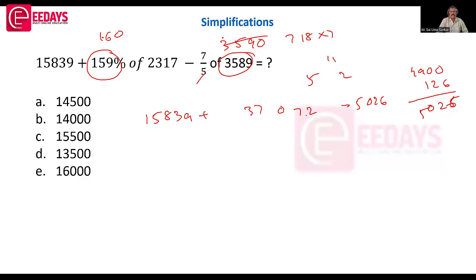9 plus 2, 11, 11 minus 6, that is equal to 5. Okay, 3 plus 7, 10, 10 minus 2, that is equal to 8. 8 plus 0, 8. And next 5 plus 7, 12, 12 minus 5, that is 7. And next 1 plus 3, 4.